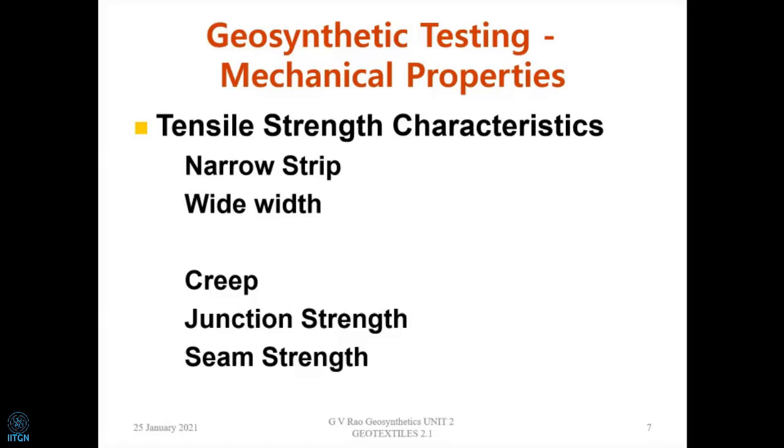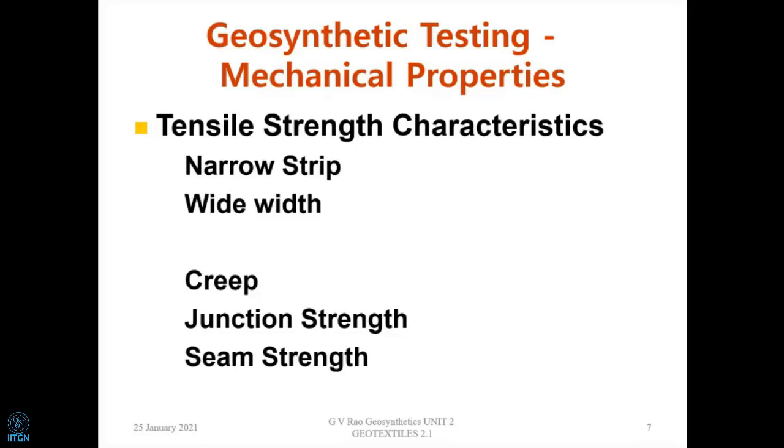In the good old days, when the subject had just started in its initial stages, there was a test called the narrow strip tensile strength test. Narrow strip tensile strength meant that we test based upon the specifications of different countries, ASTM and BS, and German also.